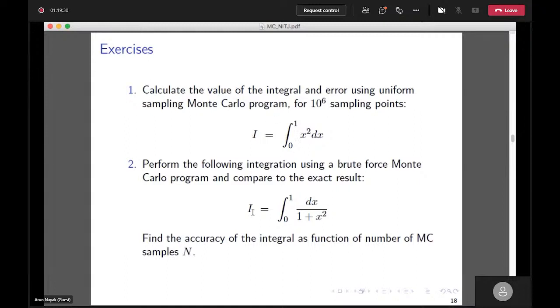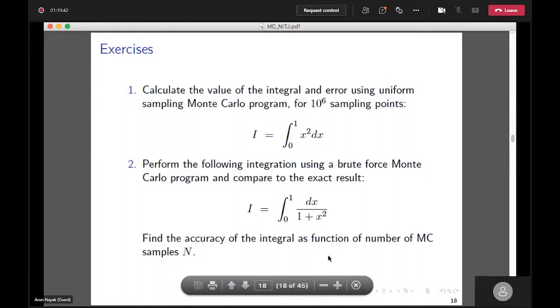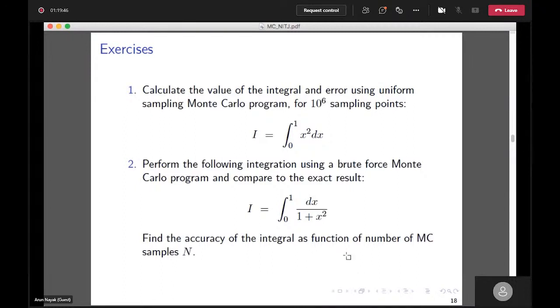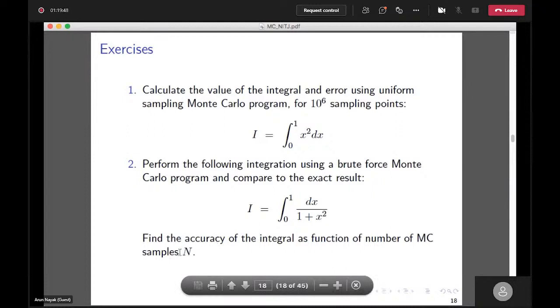Similarly, you can perform another integration and compare it to the exact result. And you can check, as you increase n, what is the improvement in your accuracy.